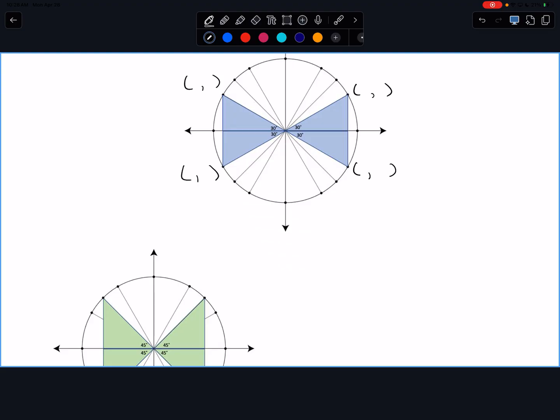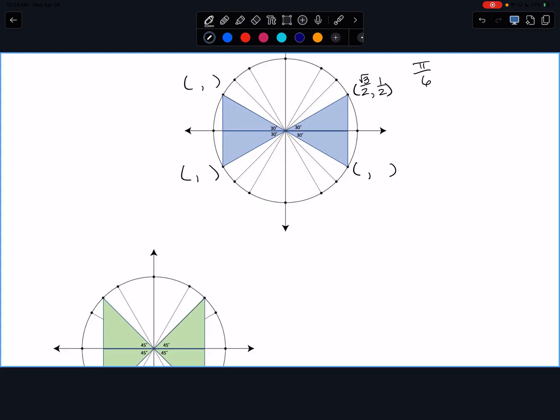All right, the first one, 30 degrees. Which family is that? Pi over what? 6. Okay, so remember that's square root of 3 over 2 and 1/2. So if you're in the second quadrant, that's going to be what? Do you need to memorize all these values? No, you just change the sign.